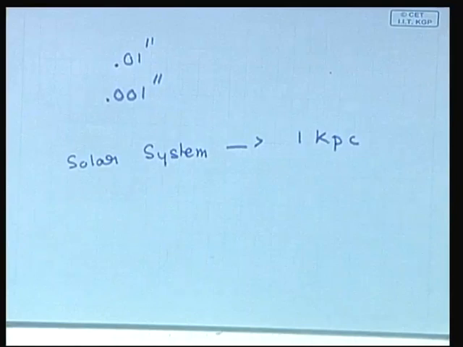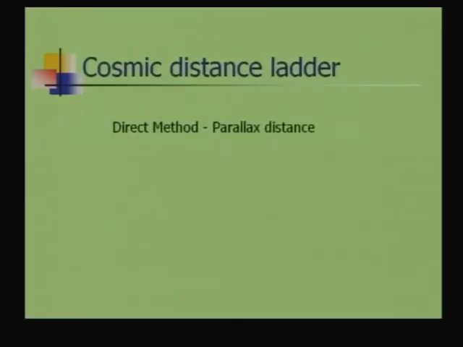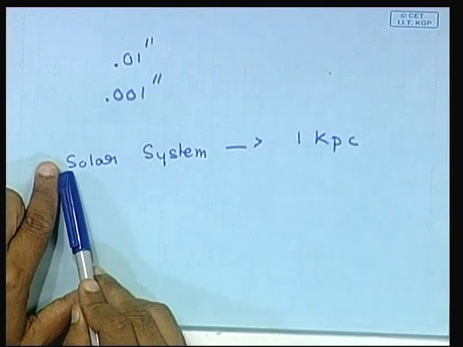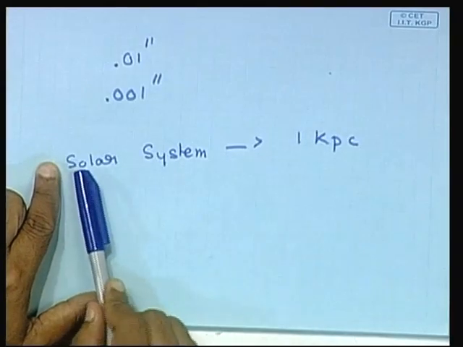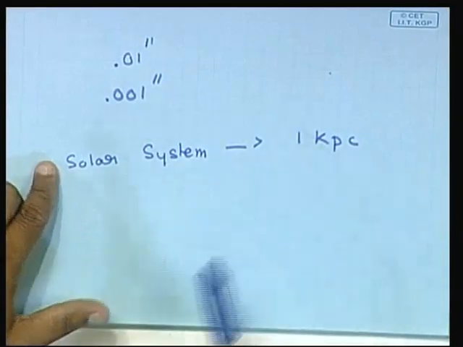So now the question is, how do we determine distances to stars and other objects which are beyond 1 kiloparsec distance? This is where the concept of the cosmic ladder comes in. So we have what is called a cosmic distance ladder. We can use this parallax distance estimate to get distances up to of order 1 kiloparsec.